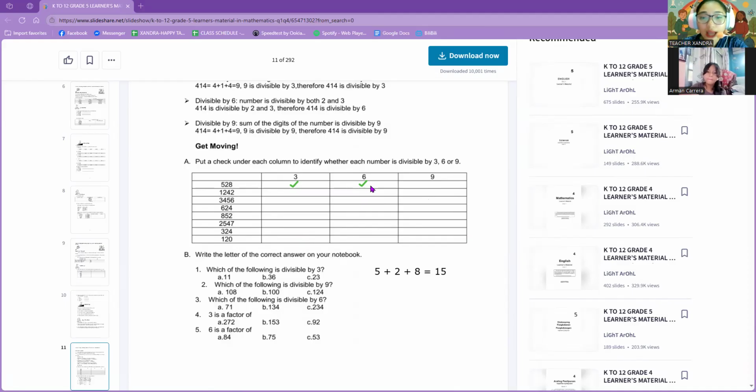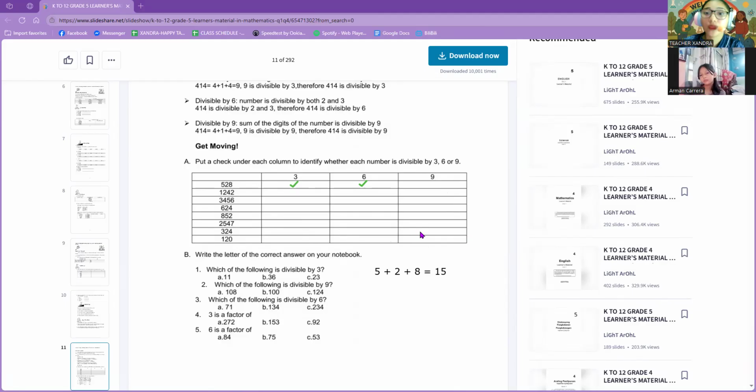The rule for 9 is similar to 3: you add the digits, but the sum must be divisible by 9, not 3. Now you can quickly find common factors and solve math problems much faster using these rules. I hope you can put this learning to use in your next school year.